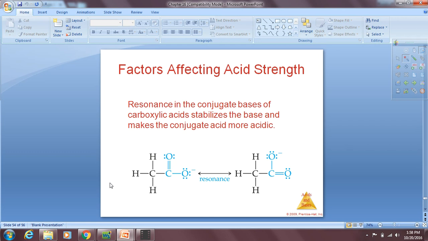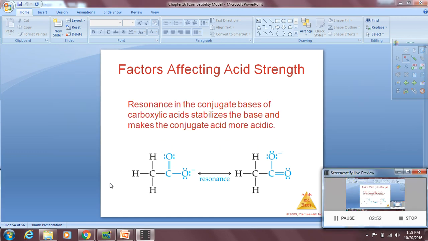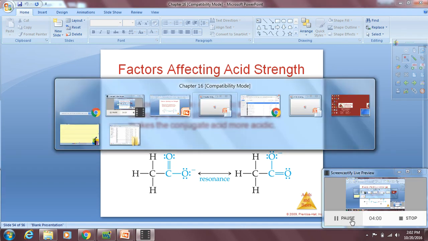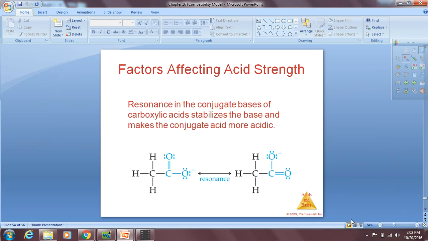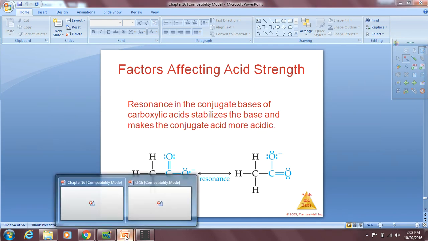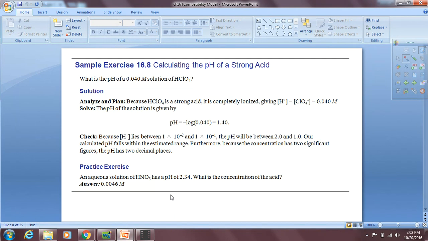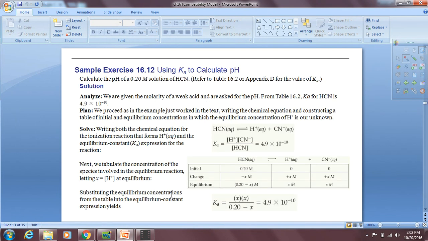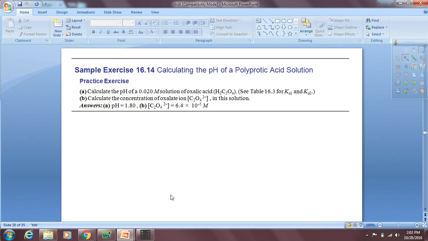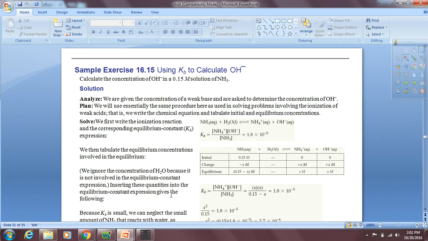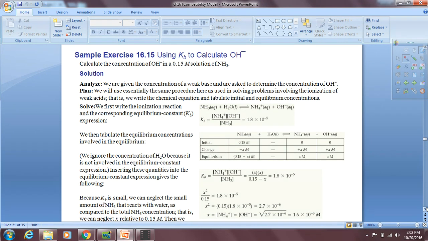So let's look at a few examples. Example 15 is on page 691 in the textbook. Calculate the concentration of hydroxide in a 0.15 molar solution of ammonia.